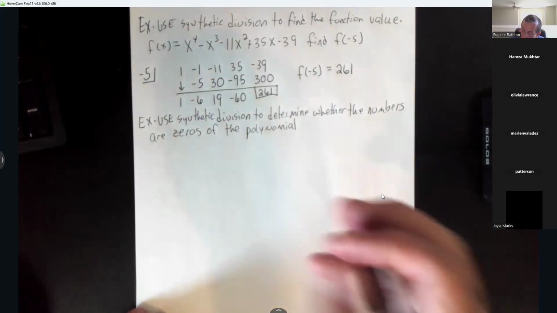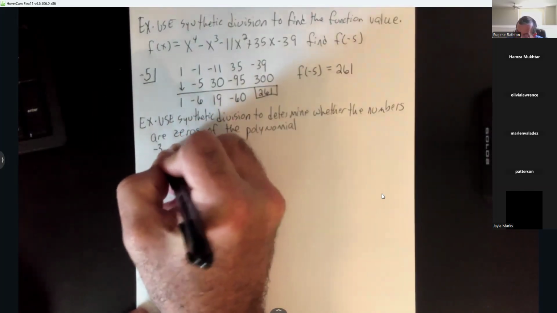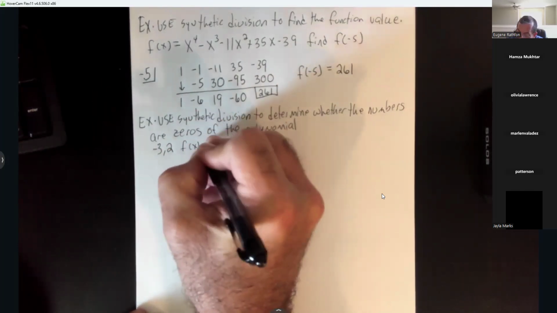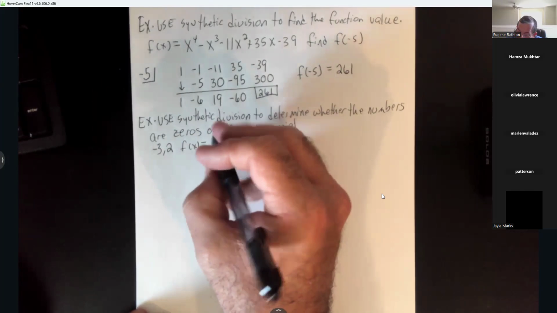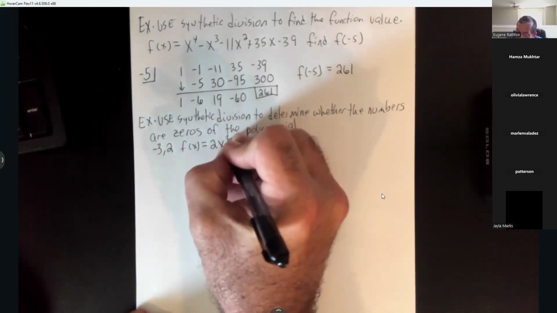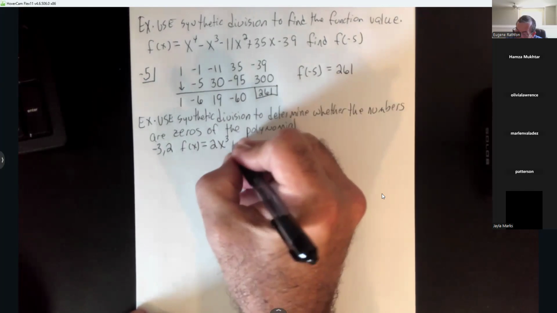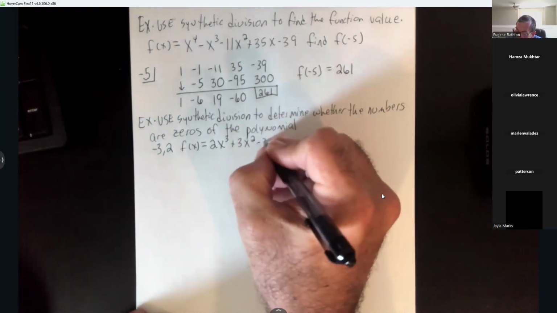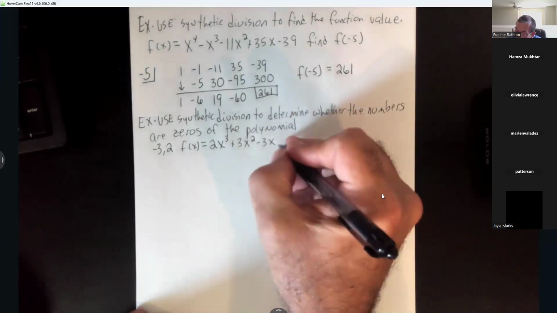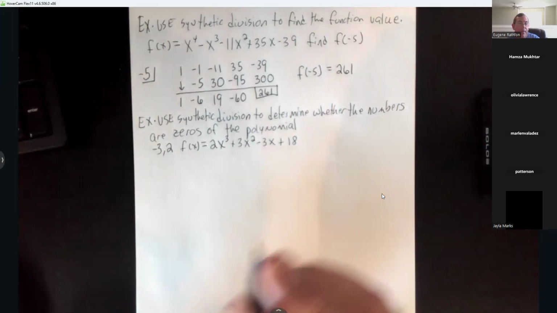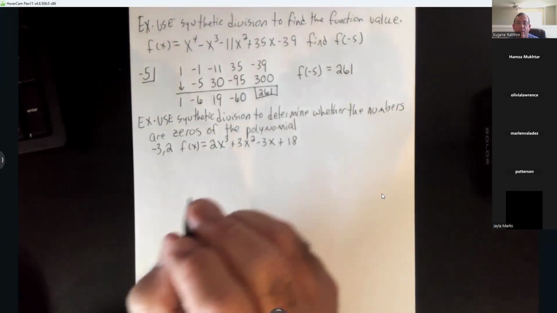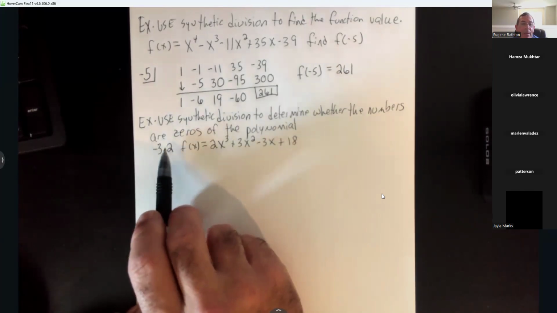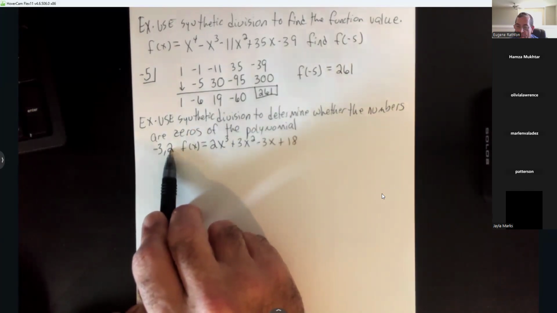All righty, y'all. So let's see. They're wanting me to check -3 and 2, and f of x equals 2x to the third plus 3x squared minus 3x plus 18. So they're giving me these two numbers to check. I'm going to check -3, then I'll check 2.